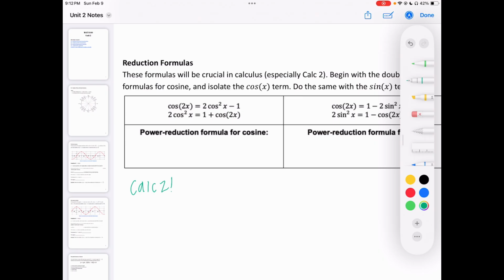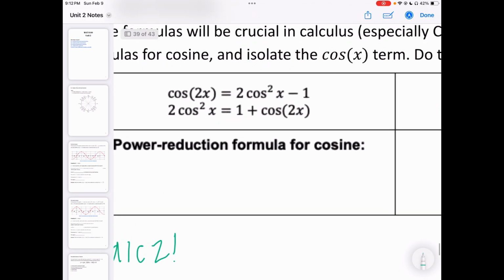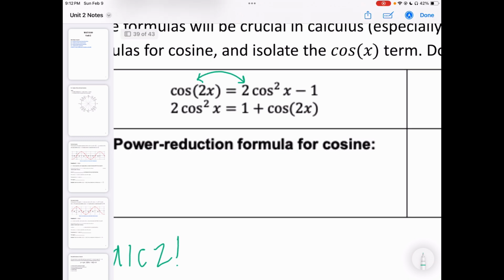The power reduction formula is really just to get rid of a power, right? It allows you to go from a square to just a double angle, which can sometimes be really helpful. We do that by pretty much switching things around. So notice that we have switched how these are set up.